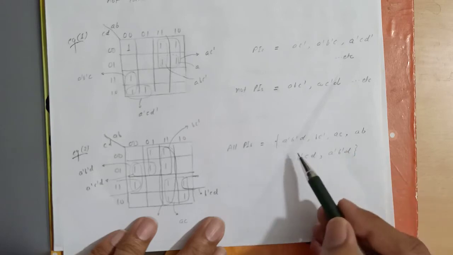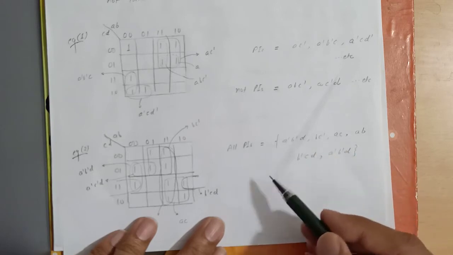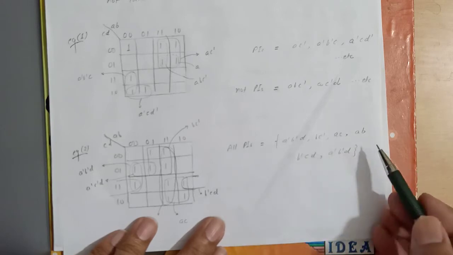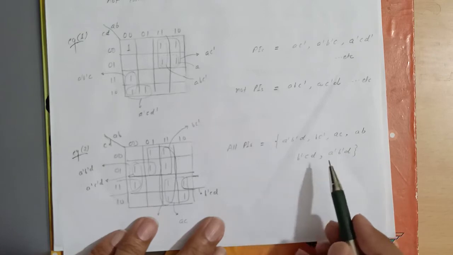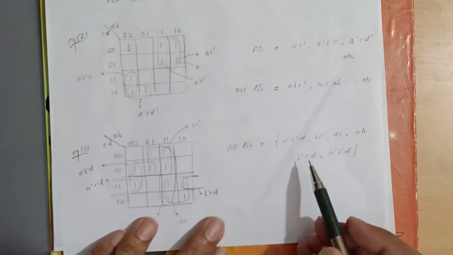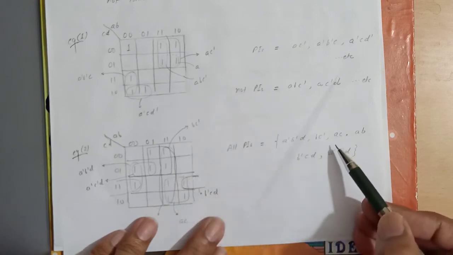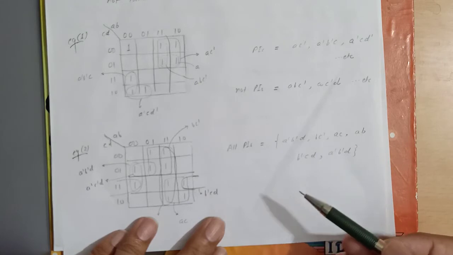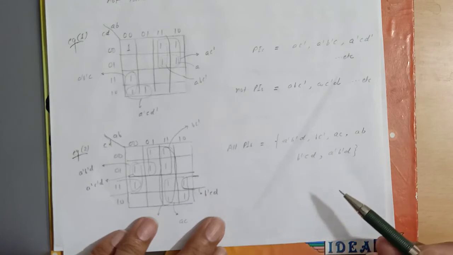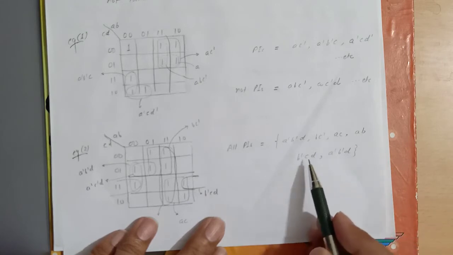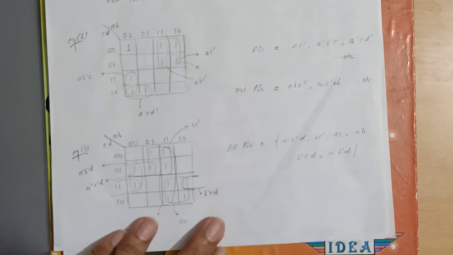How these prime implicants will be utilized to find the minimum expression is a different concern. Which prime implicants we will choose to find the minimum expression depends. So we can easily find the prime implicants.